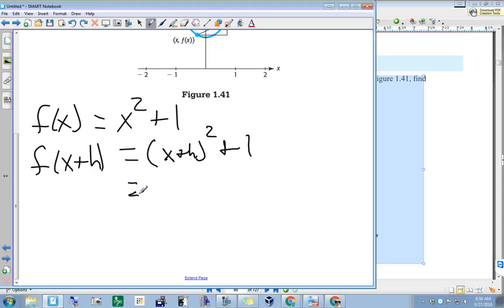Now, you're going to have to go through and FOIL this thing out. So that's going to be x squared plus 2xh plus h squared plus 1. How in God's name do I do it that fast, right? Whenever you have something like this squared, first term squared, second term squared, middle term, multiply together and double.